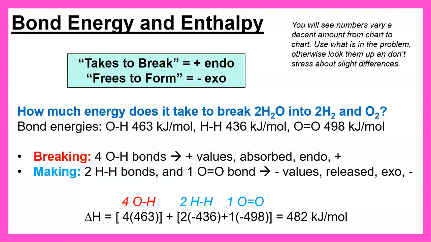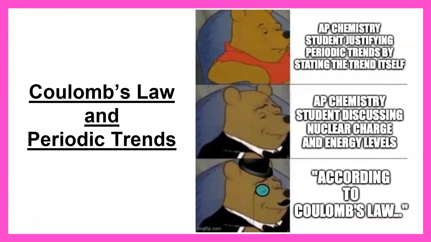Now, one thing that we have to start doing at this point in the year, now that you've officially seen Coulomb's law, now that you're going to practice it when you talk about bonding, when you're going to talk about the charges and the radius and all of that, is you have to start using that to talk about your periodic trends.